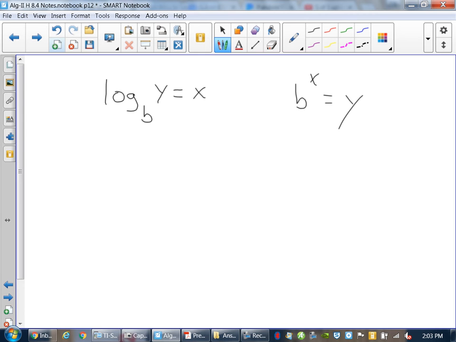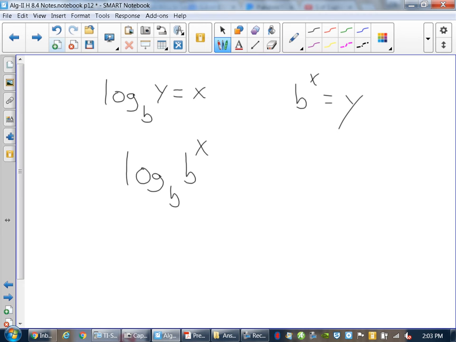If I say log base b of b to the x, that looks eerily similar to what we had done earlier. If you go back to that first set of problems from yesterday, we talked about simplifying logarithms. We had the two basic ones: log base b of b equals 1, and log base b of 1 equals 0.